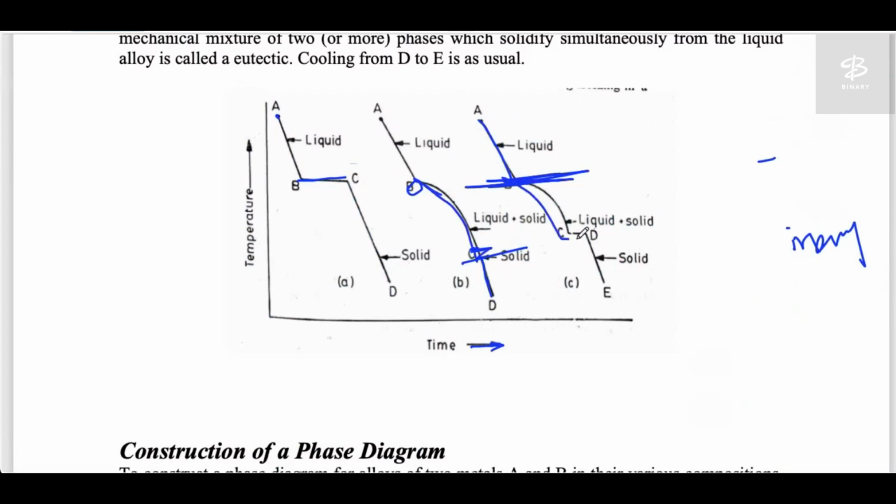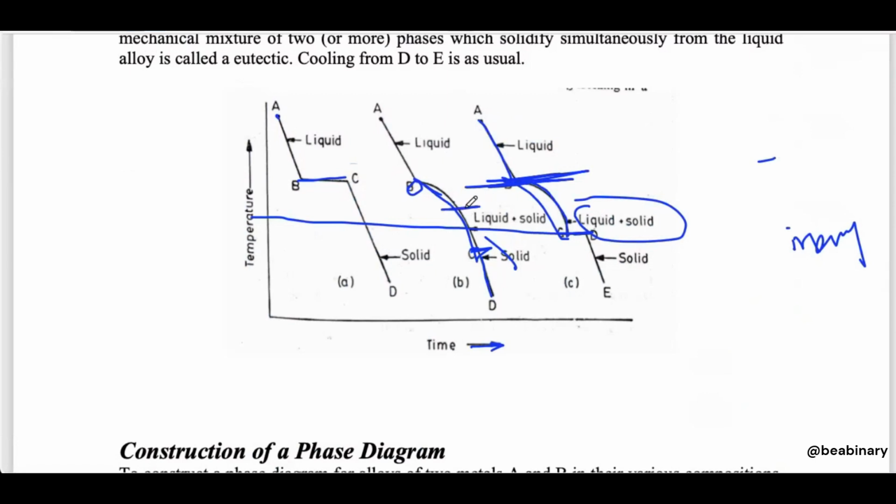They have reached C, but after C to D they are changing their phase at a constant temperature. As you can see here, there is a liquid and a solid because both exist together. In the same sense as this particular line and this particular line, both curves are the same.